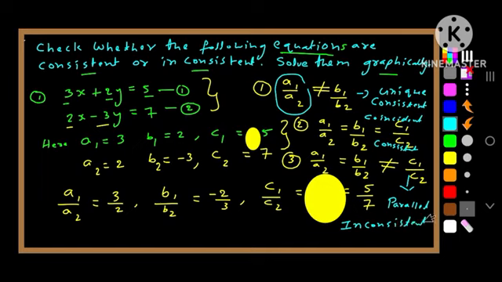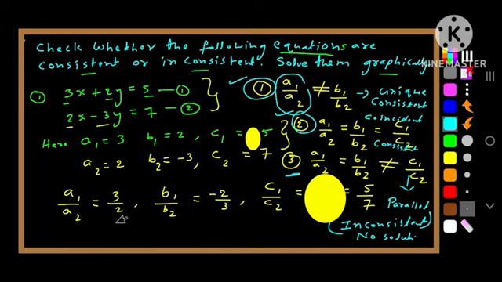Inconsistent means you will not have any solution, that is, no solution. So in the first case and the second case, you will have a consistent solution. That means you will have a solution in both cases, but in the third case you will not have a solution.